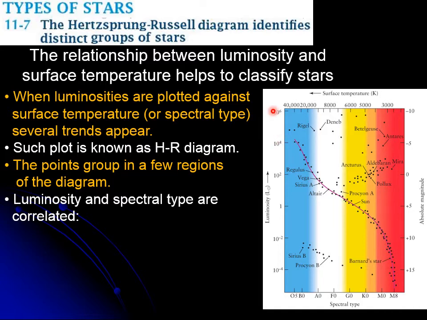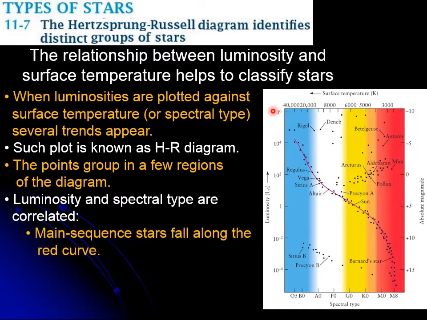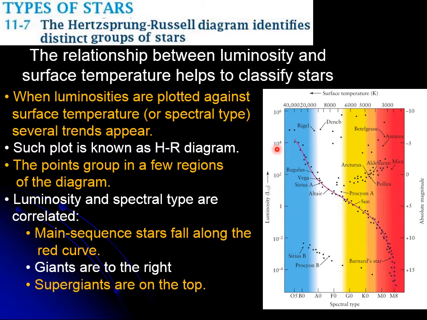It turns out that by the time these two astronomers were working in this field, they had a chance of obtaining the luminosity and the spectral type for many stars.